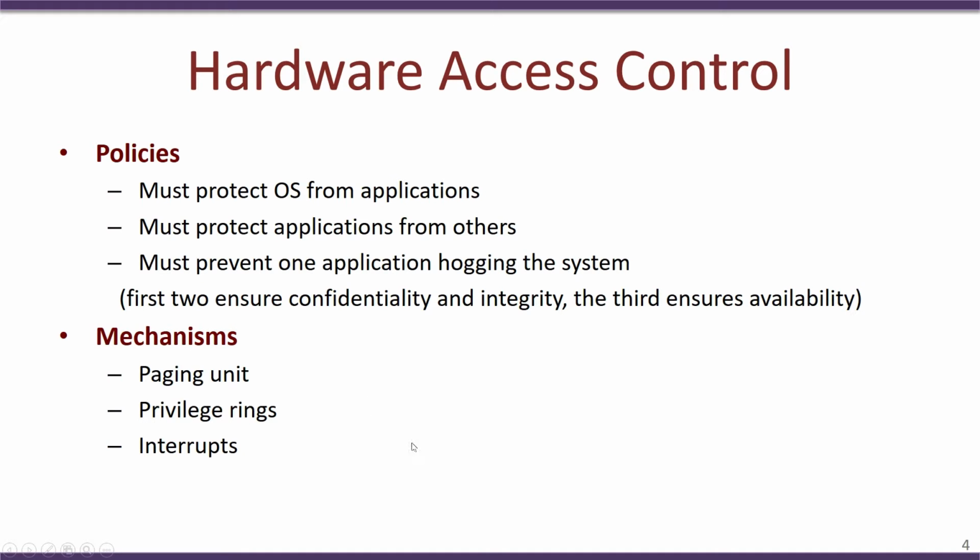Since the OS runs in ring 0, it is completely isolated from the user level applications which are running in ring 3. The third mechanism is known as interrupts. Interrupts are used to achieve the policy of preventing one application from hogging the system.